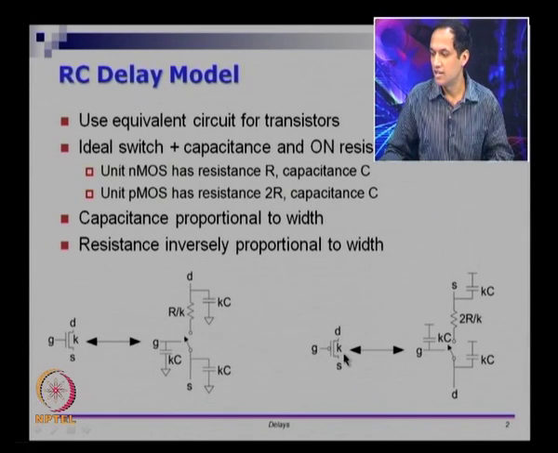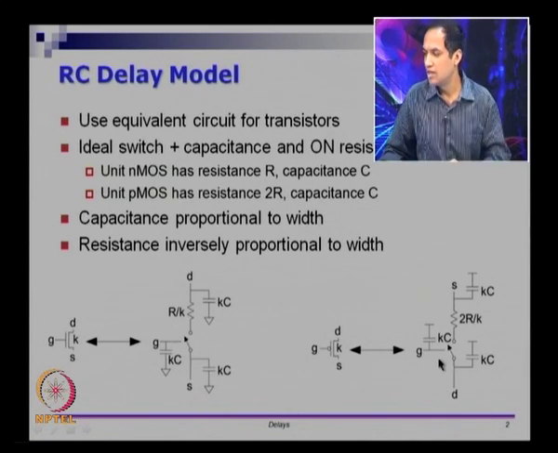If I have k equals 1, I again have an equivalent gate capacitance which I have lumped at the gate terminal, some capacitance lumped at the source terminal and some capacitance lumped at the drain terminal. In this case the capacitances are between VDD and the source terminal, VDD and the drain terminal, and VDD and the gate terminal, unlike the NMOS where it is capacitance between the ground and the 3 terminals.